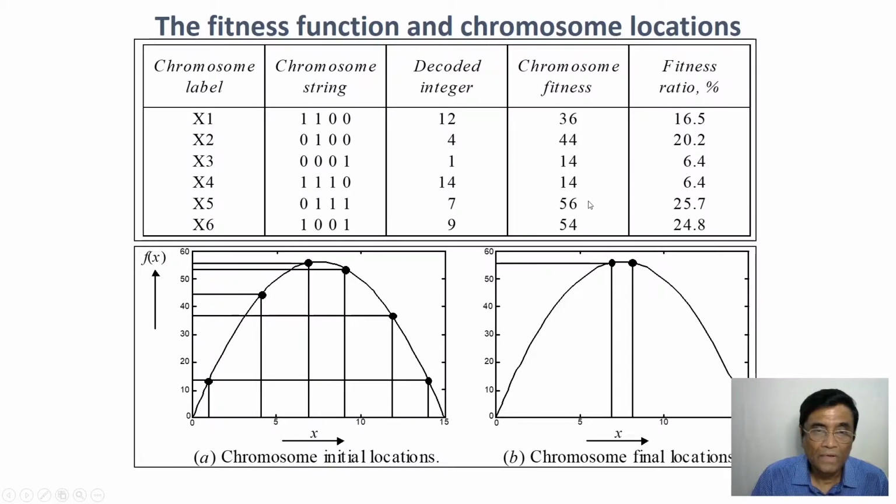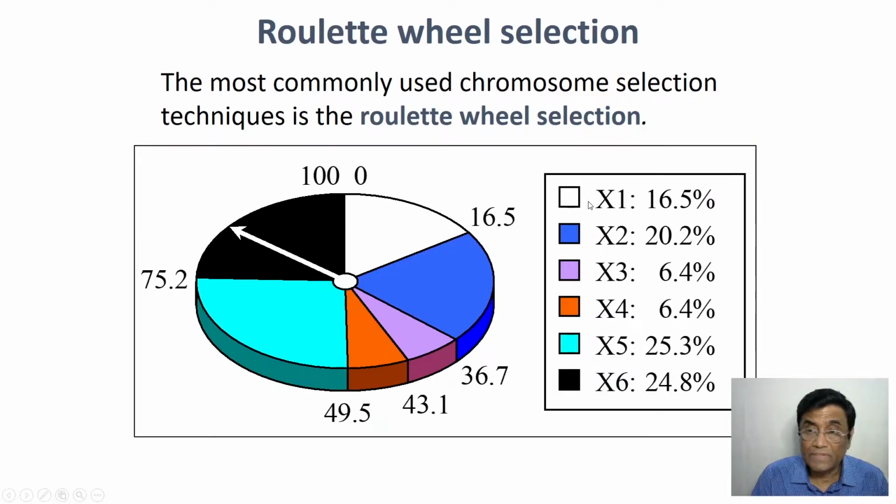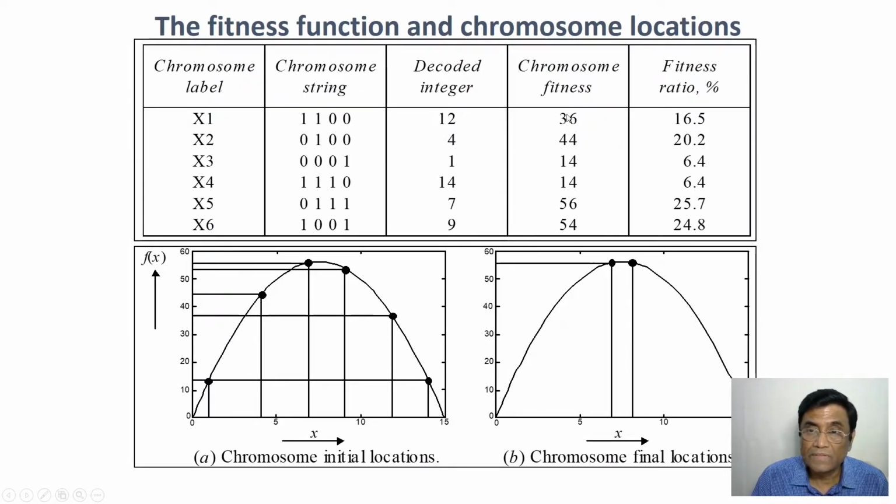Suppose, for example, you have decided to take this to be crossed with this, and this 2 will be crossed with 6, and 1 will be crossed with 5, because 1, 2, 3, 4, these are, chronologically, if you see, the better fitness value chromosomes. So they should get a chance for producing offspring, right?